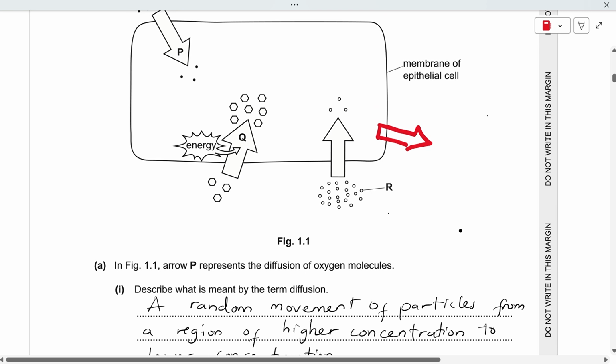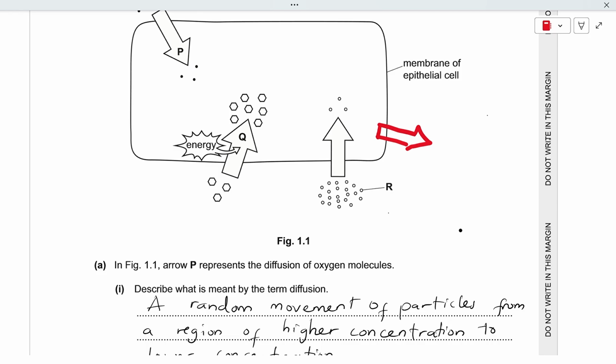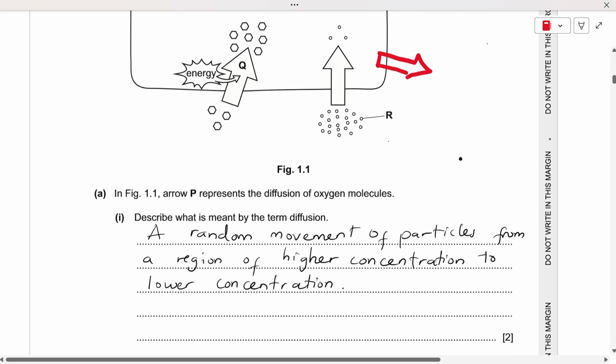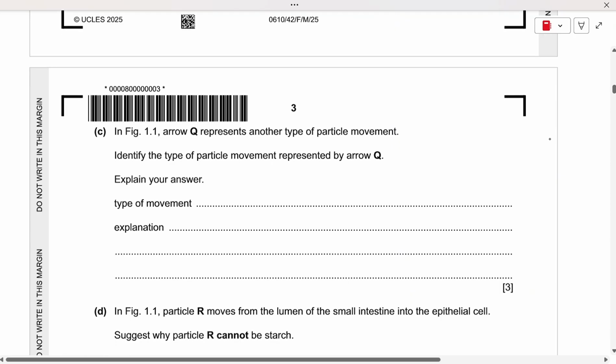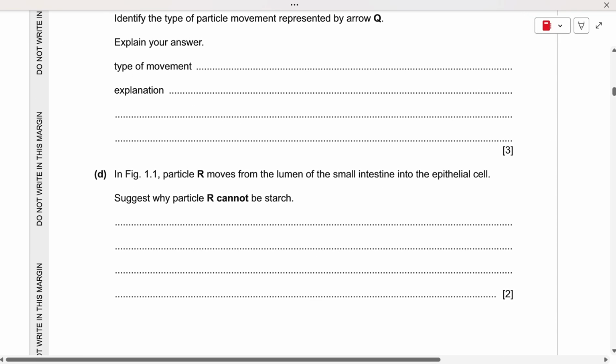Okay, so when you look at it, we identify that arrow Q is representing movement from an area in which there's low concentration of the particles to an area in which there's high concentration of the particles. Now, this type of movement is usually referred to as active transport. So, we'll state the movement as active transport.